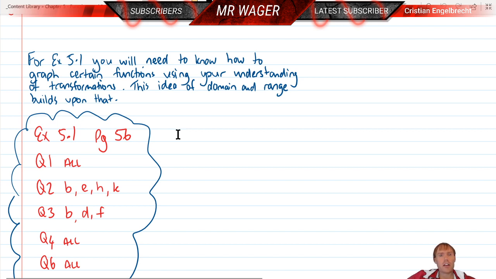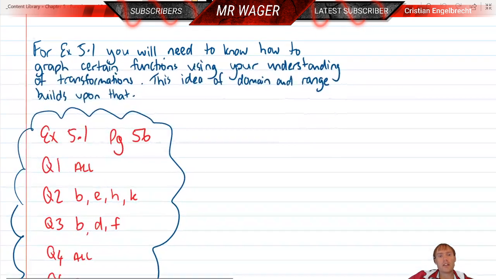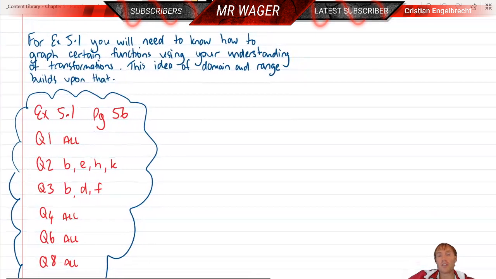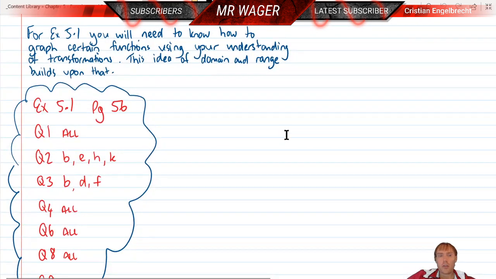So if you don't know how to graph basic parabolas or cubic graphs or square root functions or exponential graphs, you'll need to go back and hone your skills with those. What I'd recommend is maybe use Desmos to reinforce your learning there, to help you with the graphing aspect of what these graphs look like. You could, of course, use your graphics calculators as well.